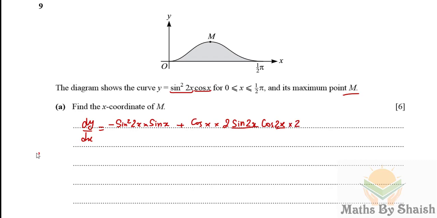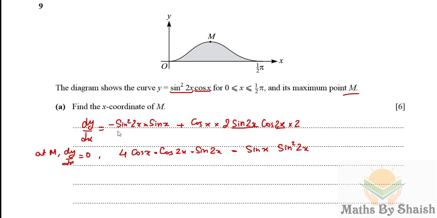It is given that at M dy/dx would be 0, its derivative would be 0 because it's a maximum point. So I'm taking this to the other side, and it becomes 4 times cos x cos 2x sin 2x equals sin x sin²2x.